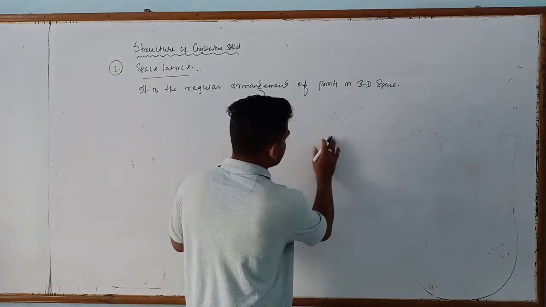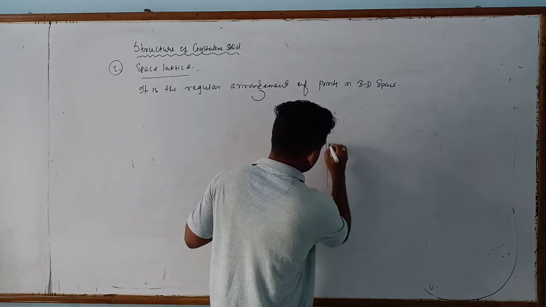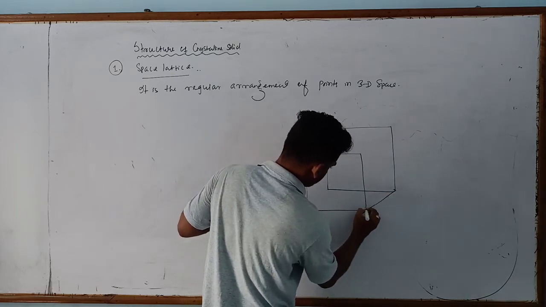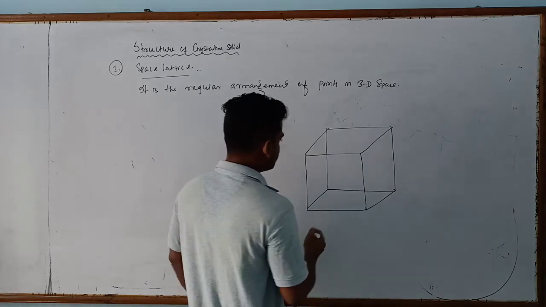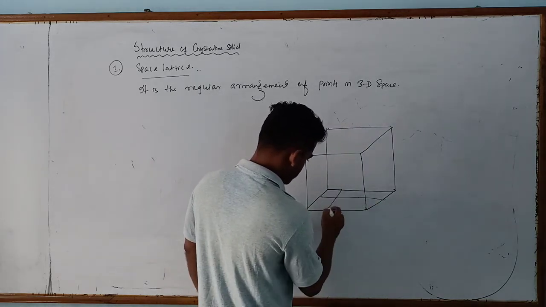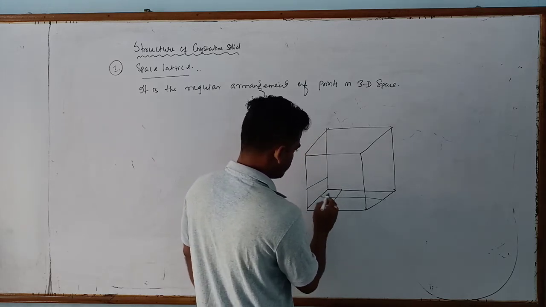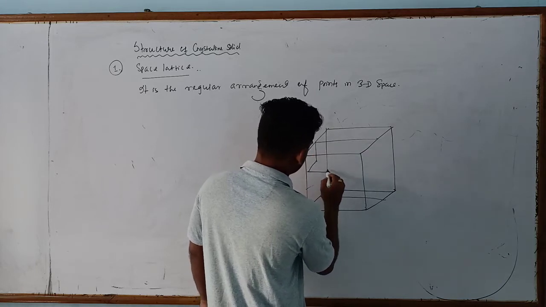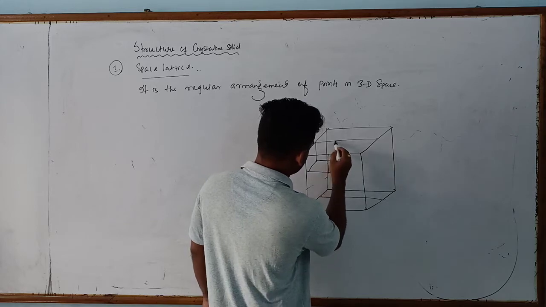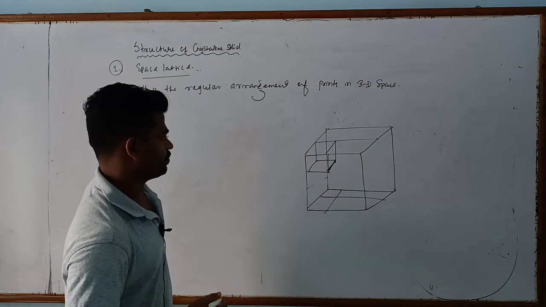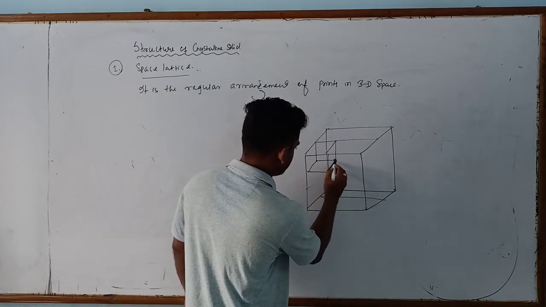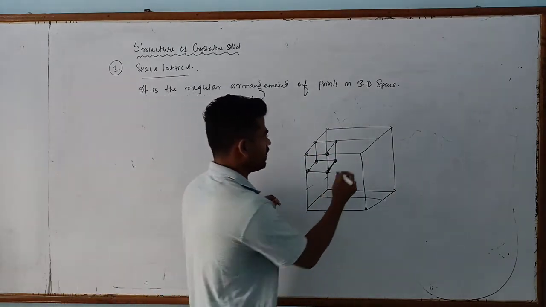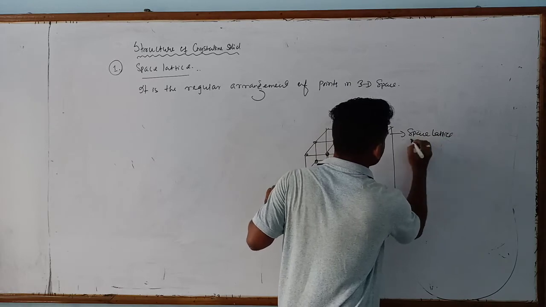Okay, so if you just see over here, if I do a diagram like this, if this entire cube I compare as your space lattice, is that clear?